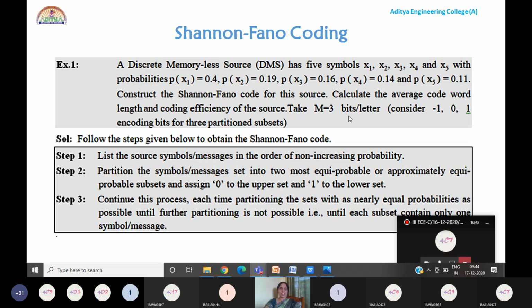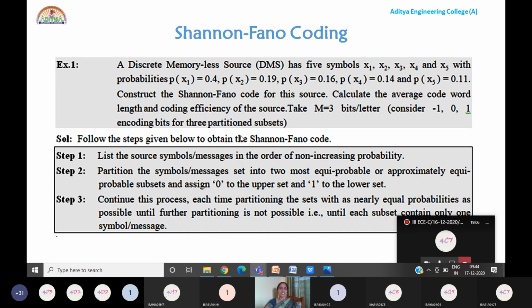In the last class, we discussed that the efficiency of this encoding process can be evaluated by considering the average code word length, that is capital L. Once the table is constructed, you need to calculate the average code word length, and the second thing is you need to calculate the entropy.